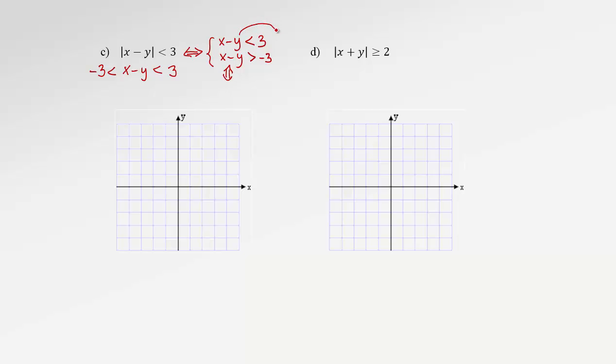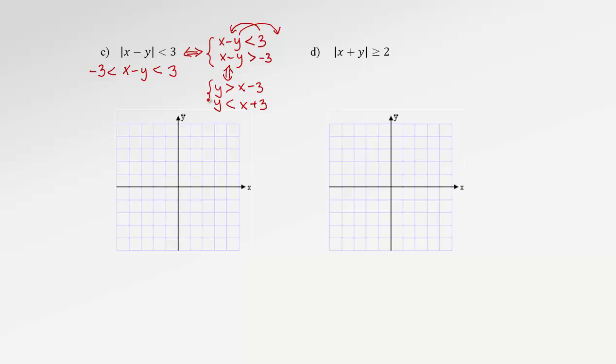If I move y to the right and 3 to the left, I will obtain y larger than x minus 3. So let's write it, y larger than x minus 3. And similarly with the second inequality, y goes to the right and -3 to the left. So y would be, reading from the right, smaller than x plus 3.